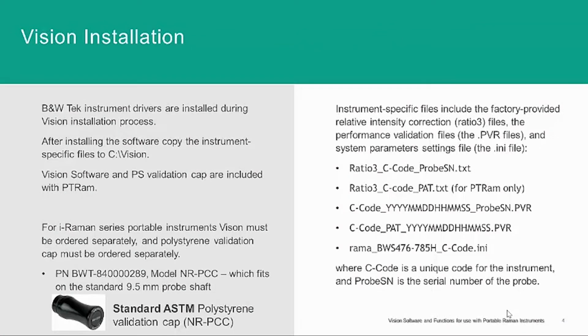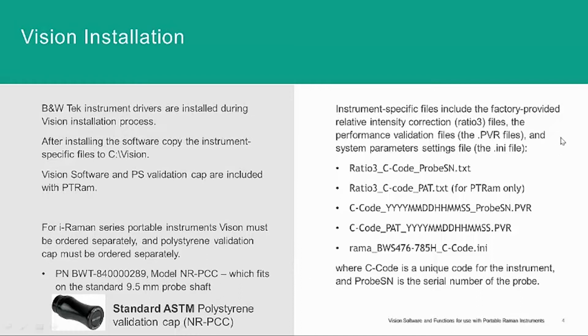When you install the Vision software, as noted, the instrument drivers are installed during the installation process. After installing the software, the instrument-specific files should be copied into the C Vision folder.